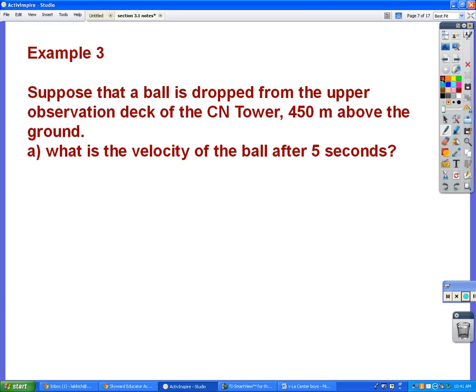What we're going to do today, since we're so smart, is say that we know the position of the ball at any time t. They use s for position, so s is 4.9 t squared.